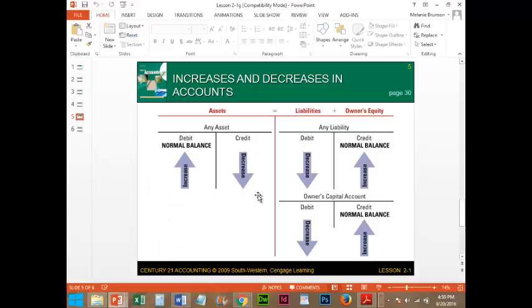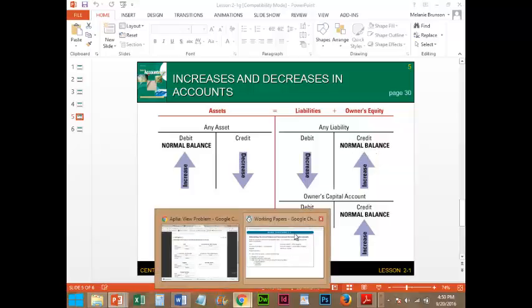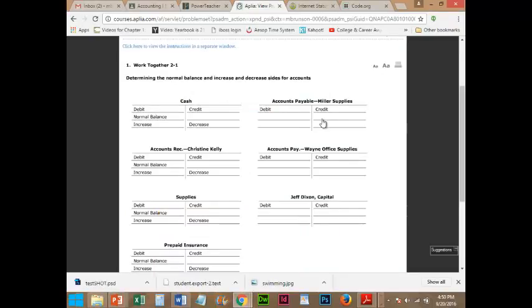So if we refer to our chart again, liabilities increase with credits, decrease with debits, and always have a credit normal balance. So our normal balance is a credit. We're increasing with credits, decreasing with debits.